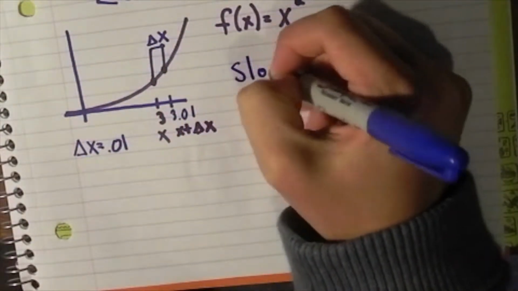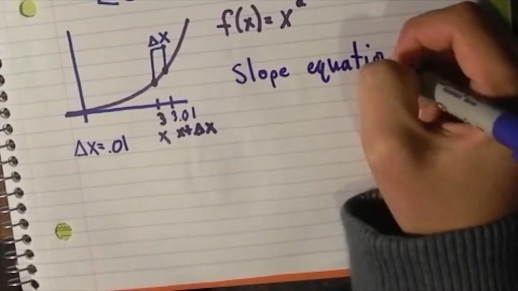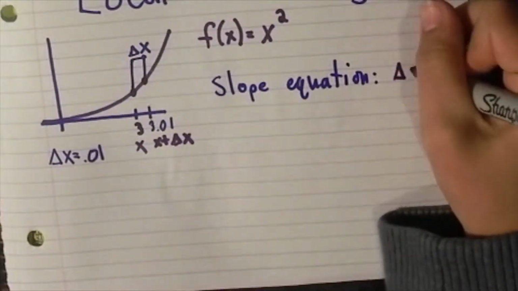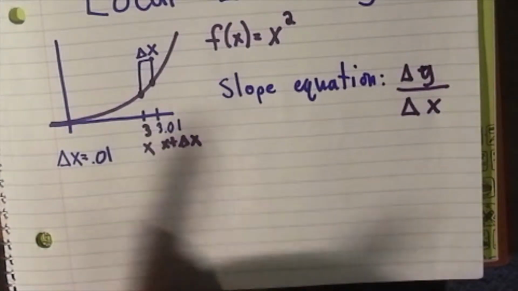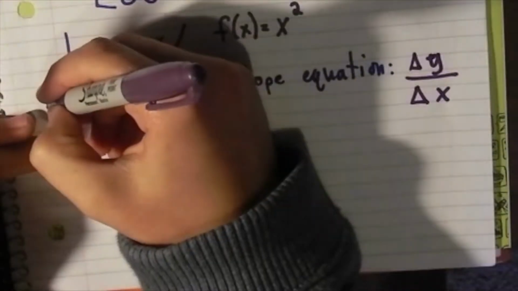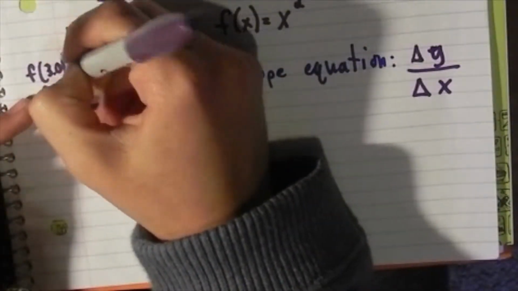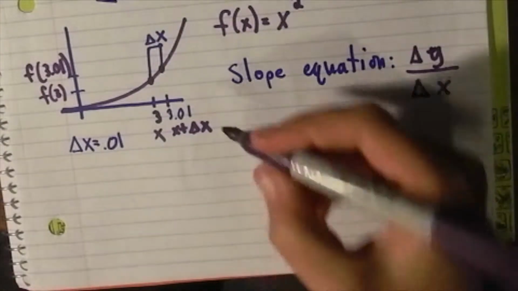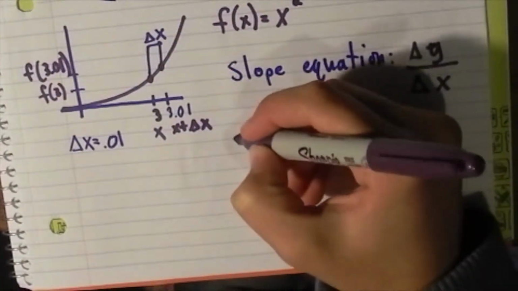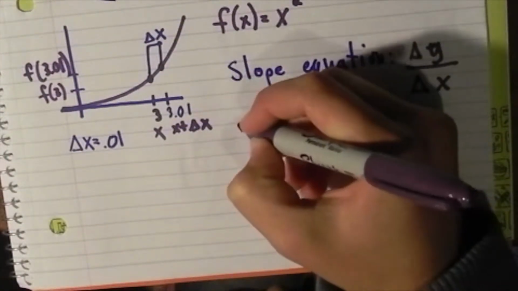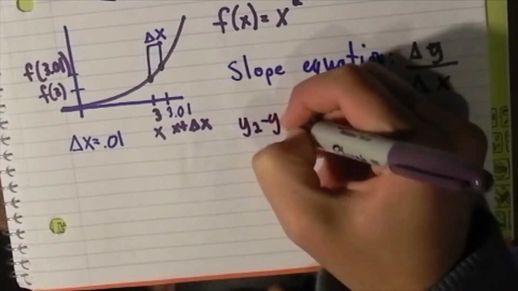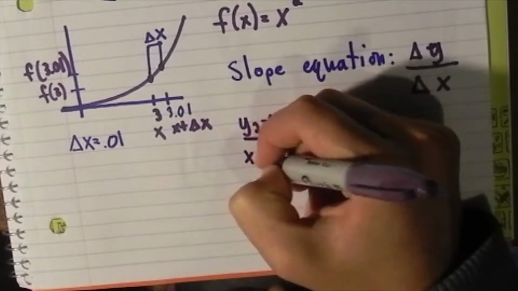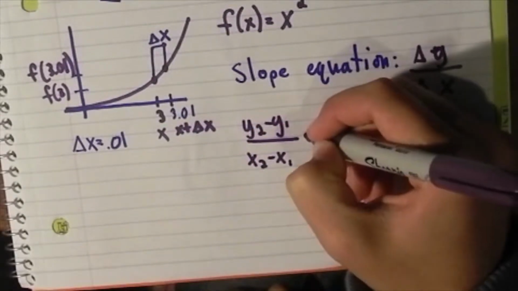So if we're treating this like a linear function, then what is the slope equation for a linear function? It's the change in y over the change in x. So now let's label the y values for each of these x values. We can call the first one f(3), and the second one f(3.01). Now let's expand this slope equation. The change in y is y2 minus y1, and the change in x is x2 minus x1.